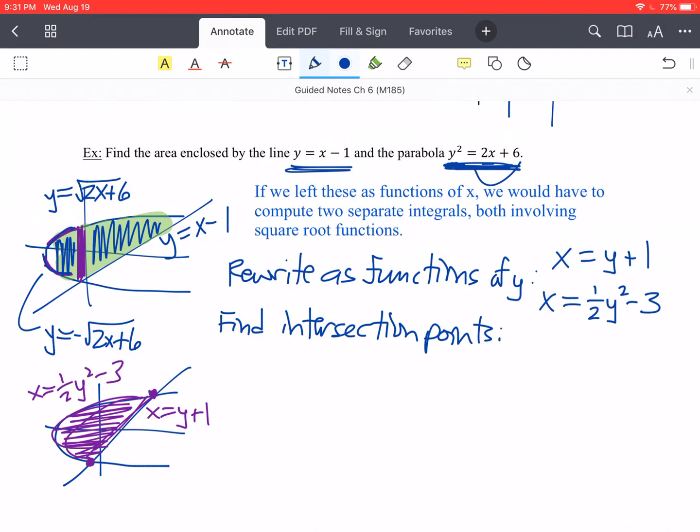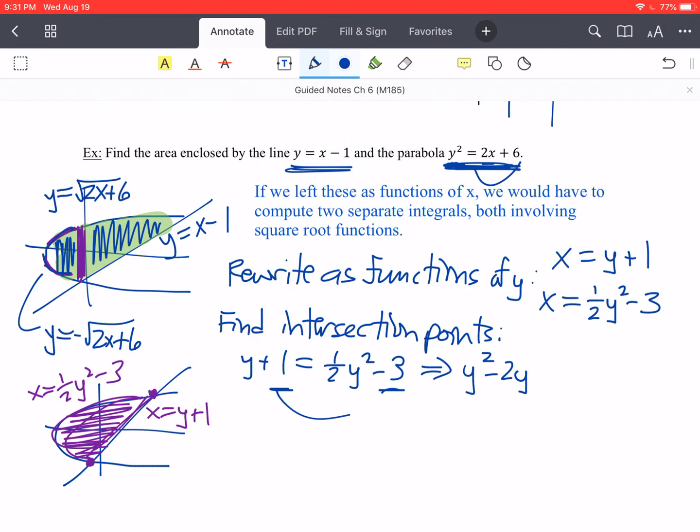So let's set these functions equal to each other. We have y plus 1 equals 1/2 y squared minus 3. I'm going to multiply everything by 2 to get rid of that 1/2, and then move everything to the same side. So that's going to be y squared minus 2y, that would be a plus 2, that would be a minus 6.